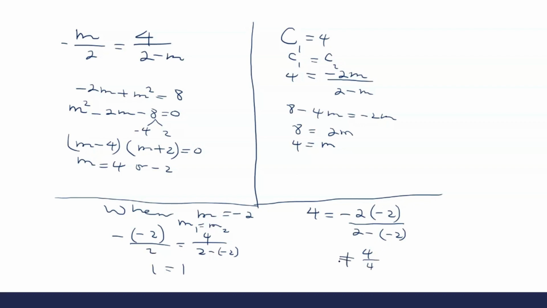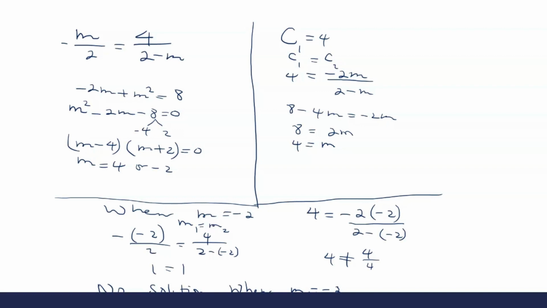So 1 does not equal 4. Therefore, it's no solution when m equals negative 2.